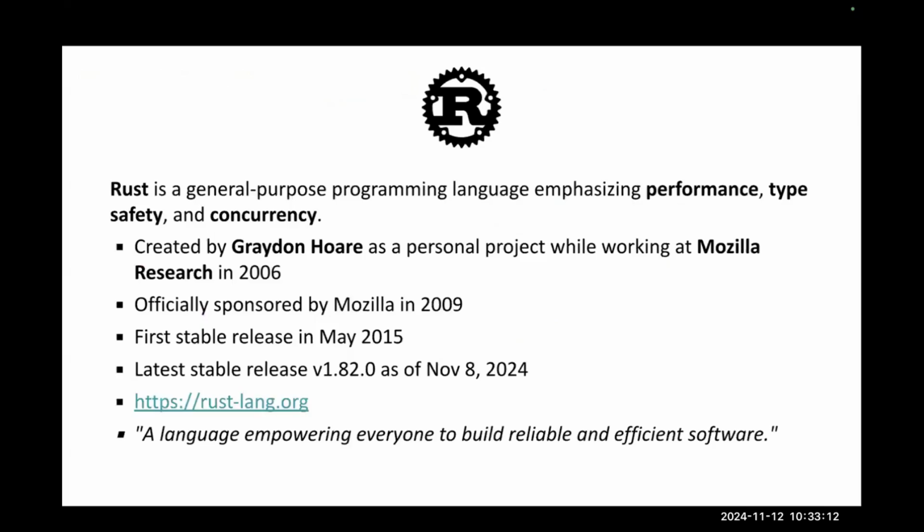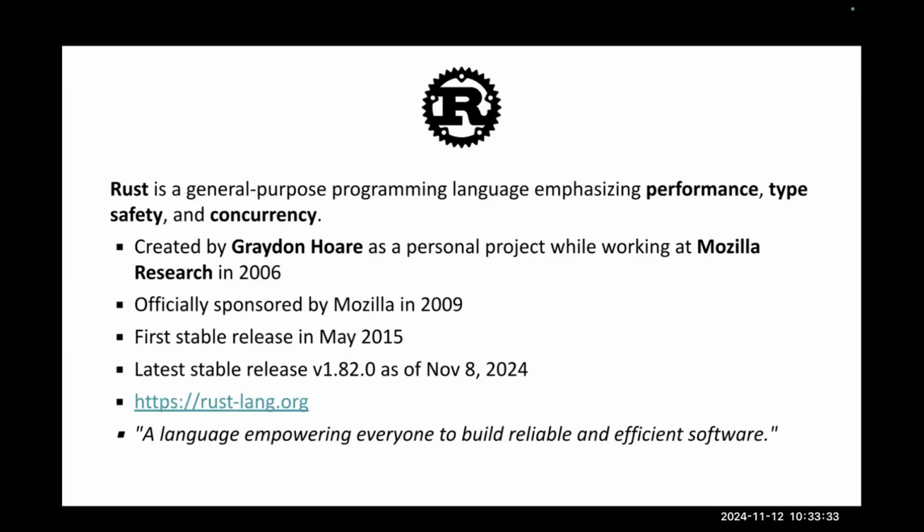So I'm sorry, Graydon Hoare, that's the name, who started this as a personal project when he was working at Mozilla Research in 2006, which is very new for a programming language. And it was officially sponsored by Mozilla in 2009. And the first stable release was in May 2015.